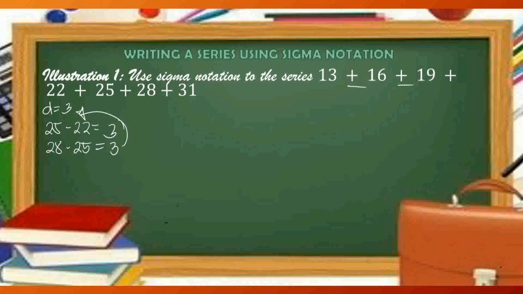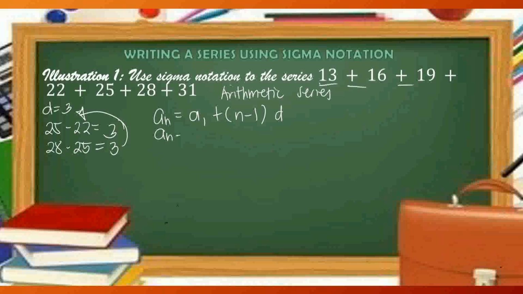If a series has a common difference, therefore it is an example of an arithmetic series. And if you could remember, our formula a sub n is equal to a sub 1 plus n minus 1 times d. So we have here our first term, which is equal to 13, and common difference d, which is equal to 3.